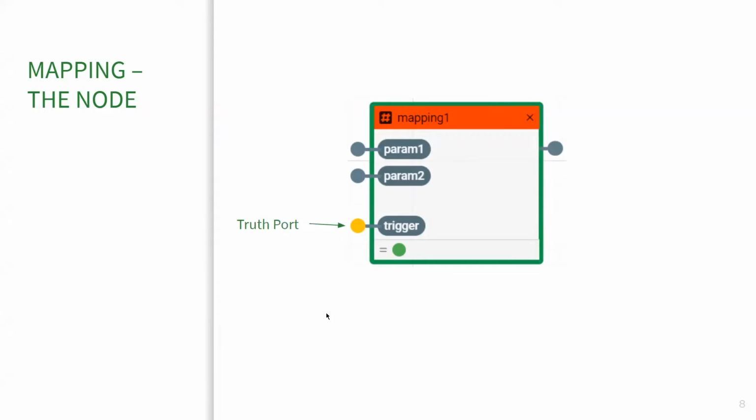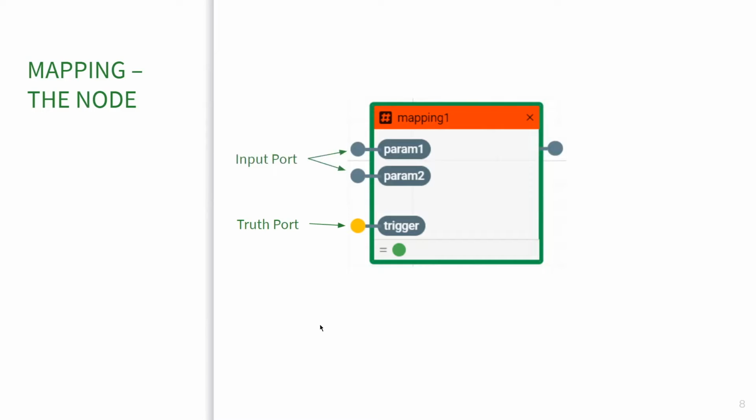This truth port can accept a Boolean value of true or false, and if it gets a true value as input, the expression that is happening in mapping 1, or the modification of data that is happening in this mapping node, is valid, and we may use it. This is also the default value. If you connect nothing to this trigger, it's thought of as true.